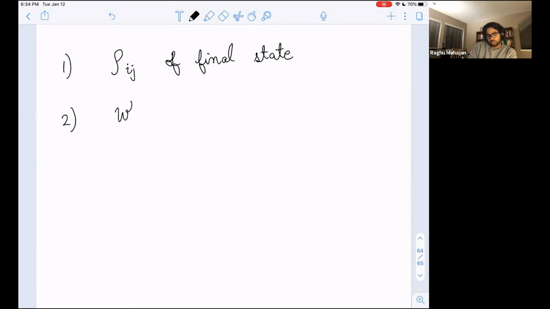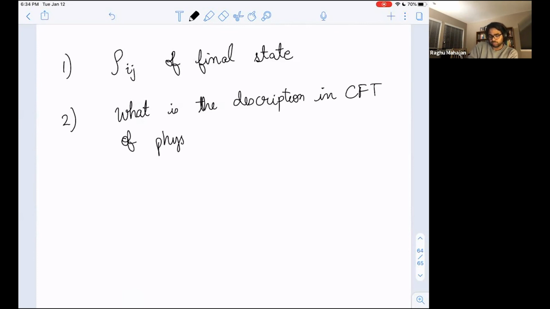So what is the description in the CFT of physics seen by infalling observers?